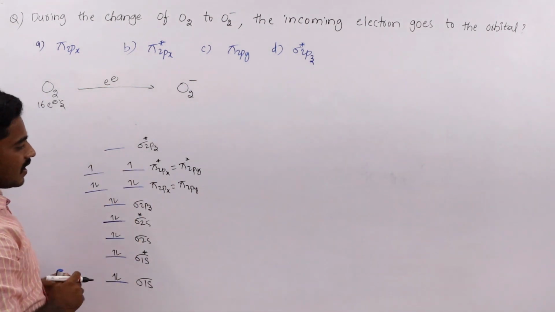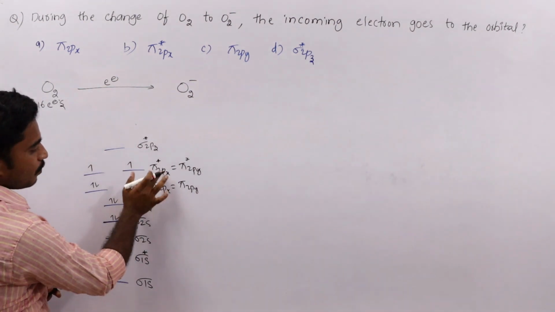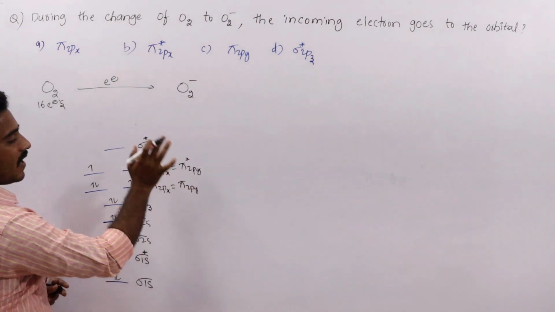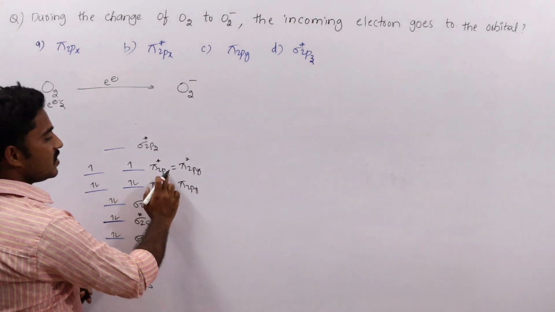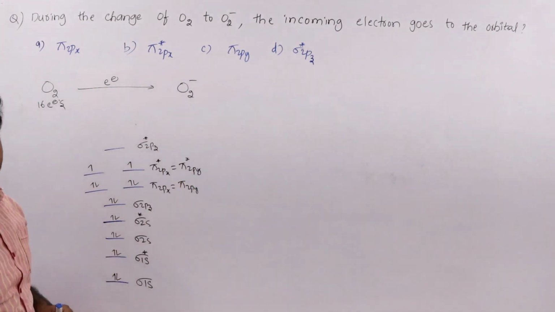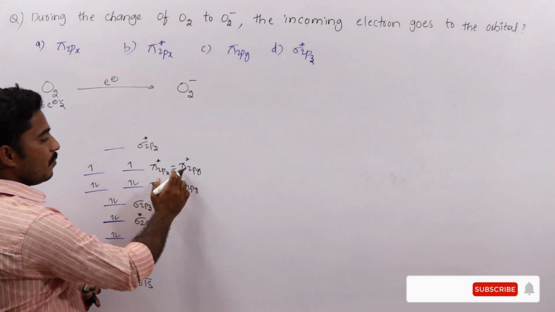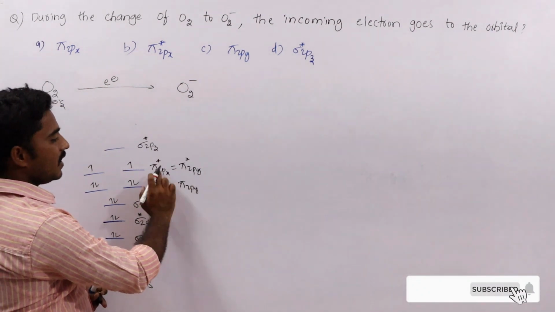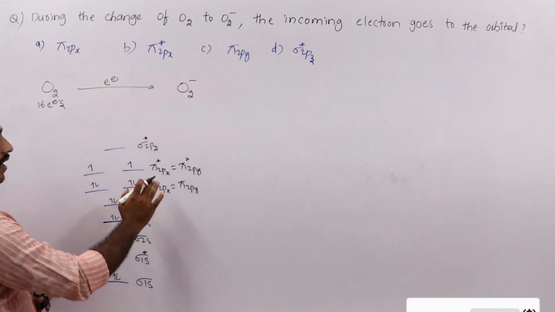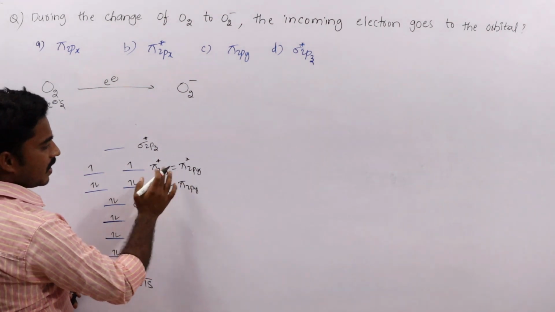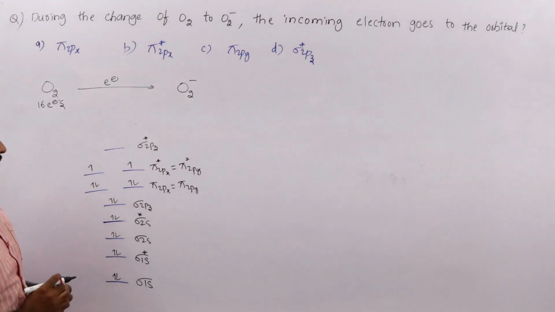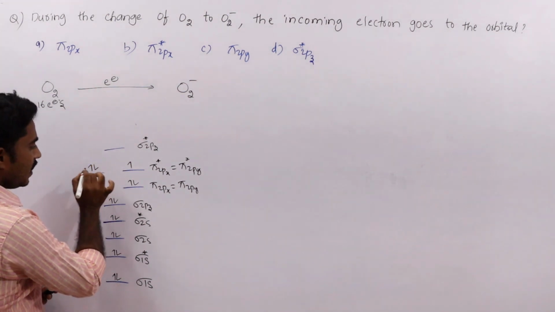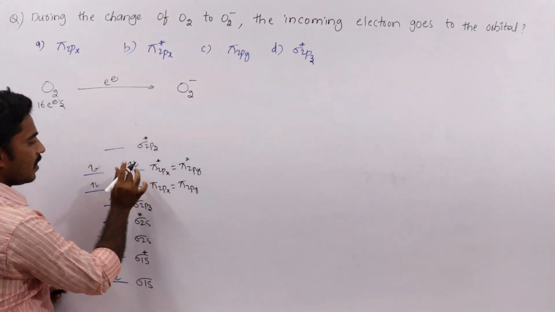The 17th electron may enter into pi star 2px or pi star 2py. What is the reason? Because these two are degenerate orbitals, means orbitals with similar energy. That's why any of these orbitals can take the 17th electron, maybe here or maybe here.